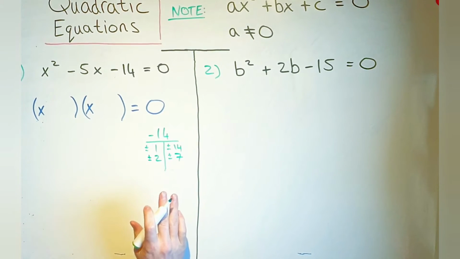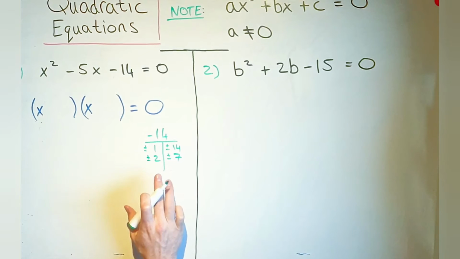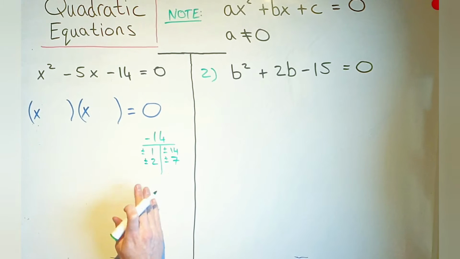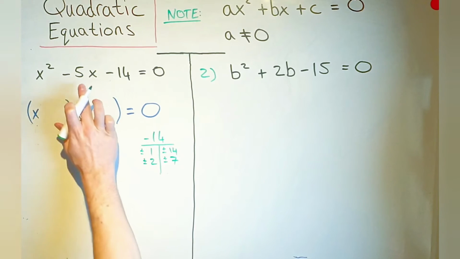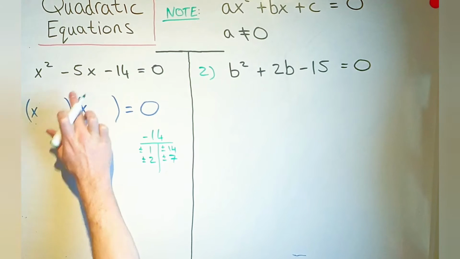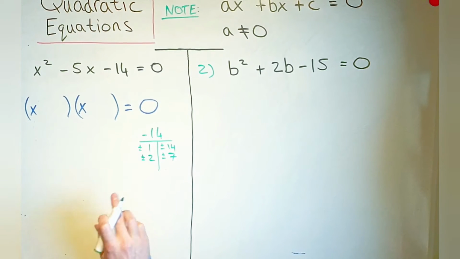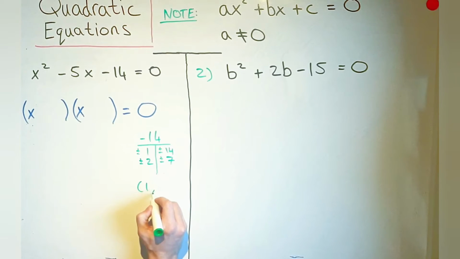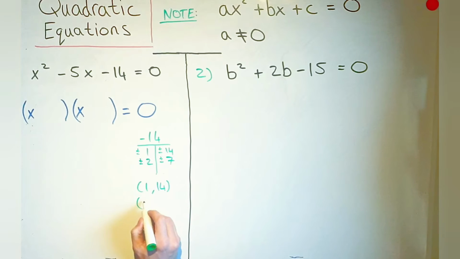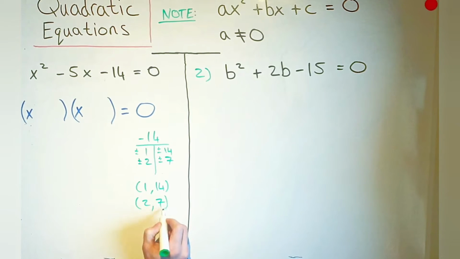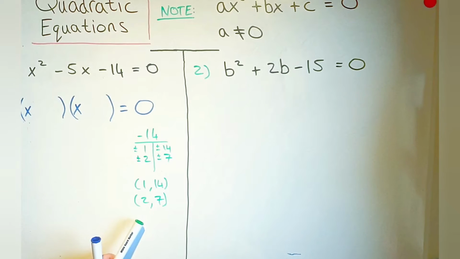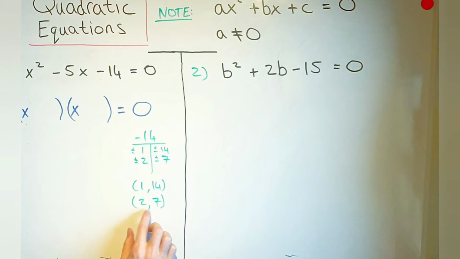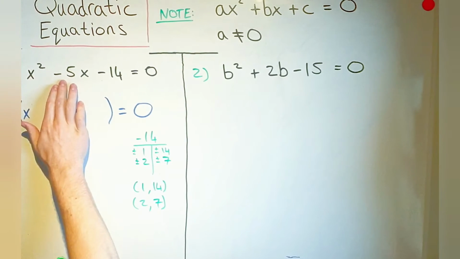And what we have to do is find a set of factors that when added together or subtracted from one another make up the coefficient of the x expression here. So looking at the factors 1 and 14, and 2 and 7, is there any way of adding or subtracting one of these values from another to get the value of minus 5?